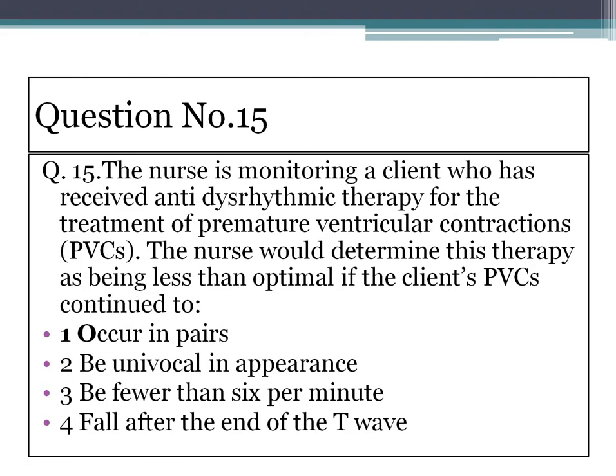Okay, we can see the next question. The nurse is monitoring a client who has received antidysrhythmic therapy for the treatment of premature ventricular contraction or PVC. The nurse would determine this therapy as being less than optimal, meaning it is not effective, if the client's PVCs continued to.